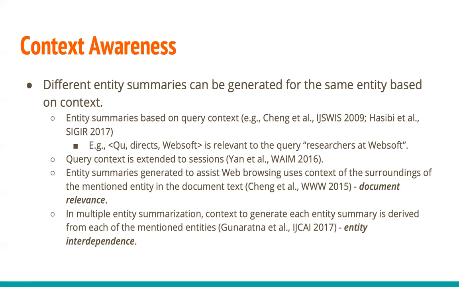And then, extending this line of work, you can also make query sessions and make that countable in one query session. And also when you're making entity summaries in document browsing, assisting users trying to understand what this document means, and the other entities present in this document, how are you going to comprehend the document using entity summaries?